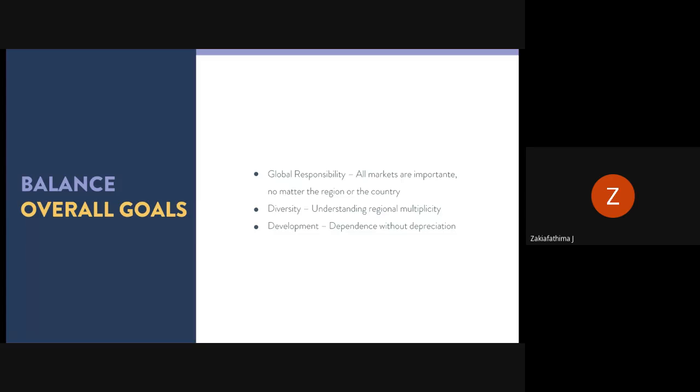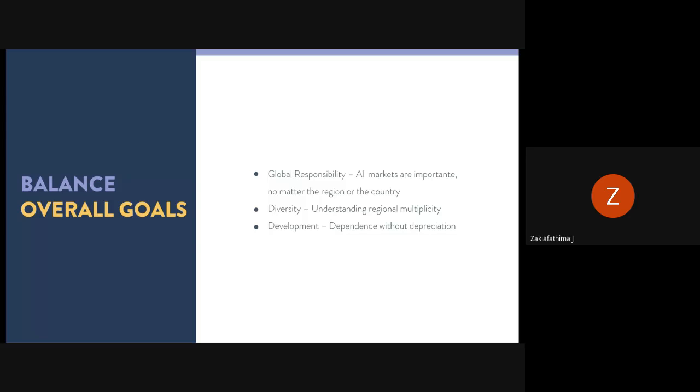So for your particular region, you take some raw material from the environment to make use of it. Now, when you take something, you have to give back in multiple amounts, not just in the same amount. If you are taking one tree, give back three-fold, give back four-fold. So that is understanding regional multiplicity.